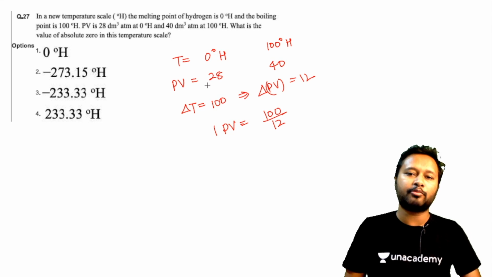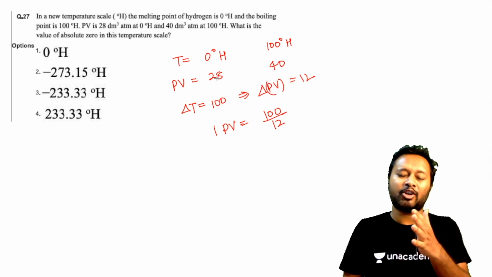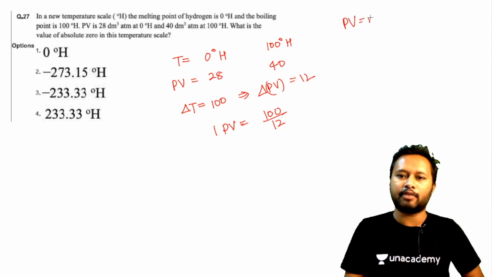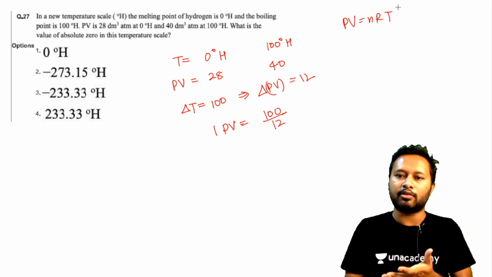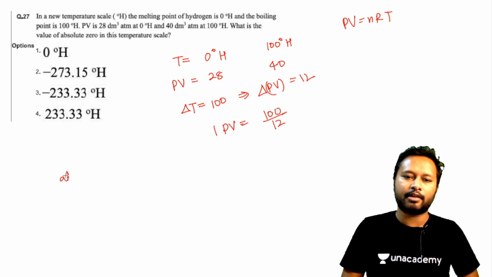Now, in order to come to absolute zero, since at 0 degree Celsius our PV is 28. Now, if PV becomes 0, because you know PV is equal to nRT, so at absolute zero temperature your PV will also be 0. So that means at absolute 0, what is going to happen?